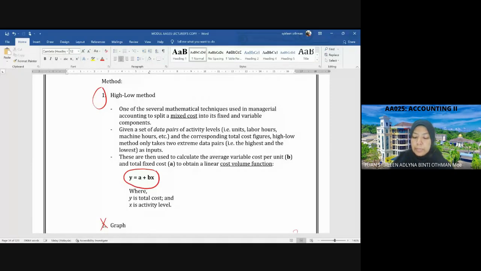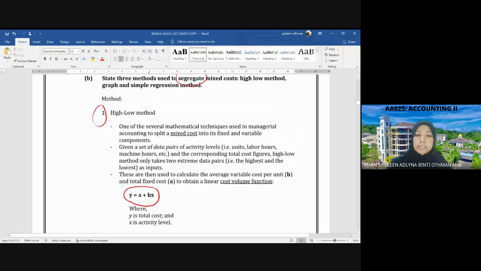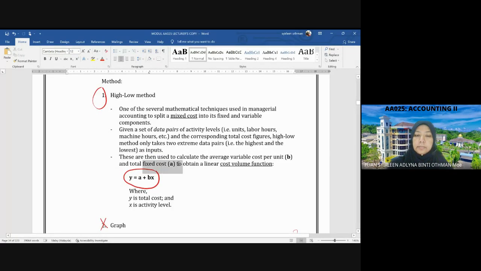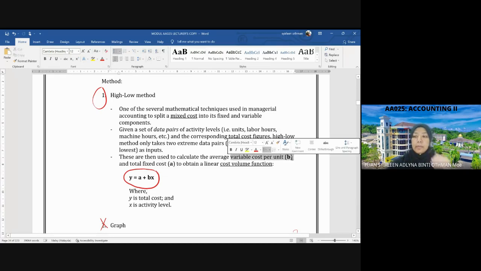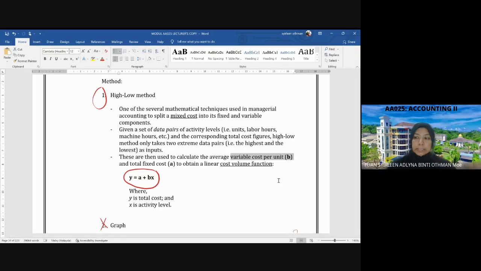Okay, x is the level of activity or level of output. Okay, a is fixed cost. Alright. You can see here. A is fixed cost. Whereas B is the variable cost per unit. There is a difference, B is variable cost, but variable cost per unit. So its value is small.